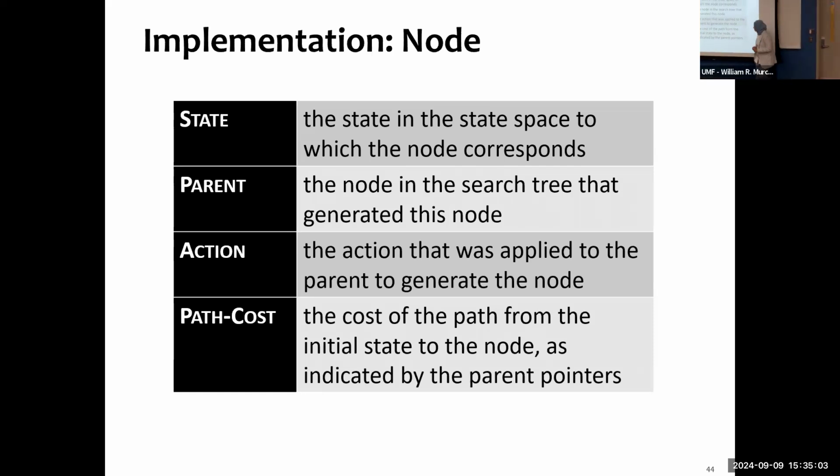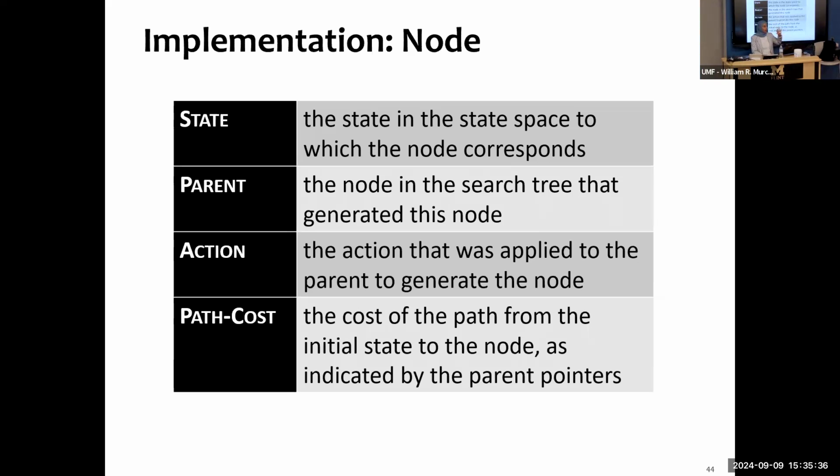The path cost is the cost from the initial state to the node as indicated by the parent pointers. As we see, some steps could have the same cost, which is 1. Some may have different costs, 5, 9, 6, whatever. This cost could be, for example, the distance in kilometers, the fuel consumption, or the time taken to reach the goal. So a node tracks these 4 important elements.